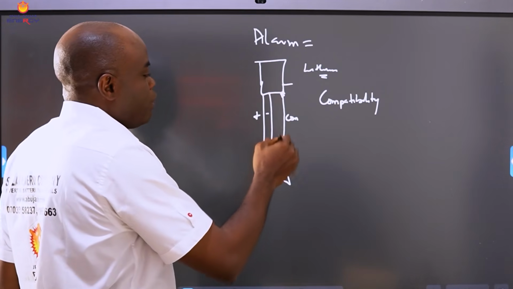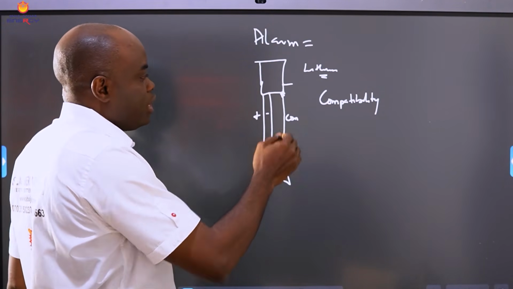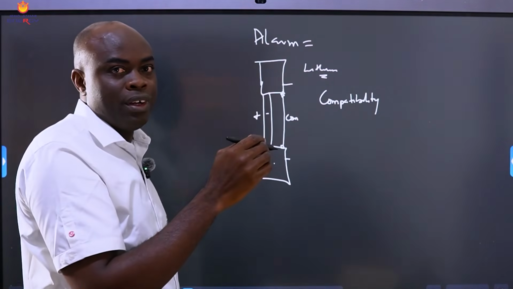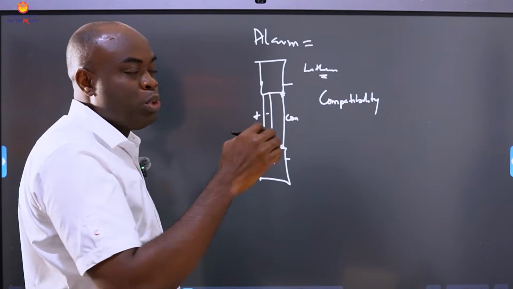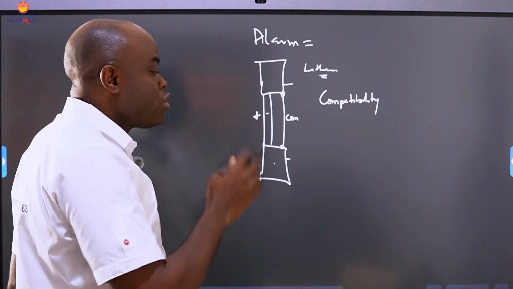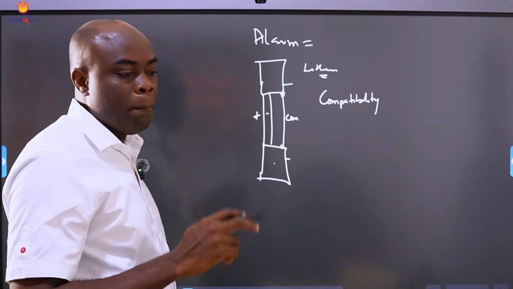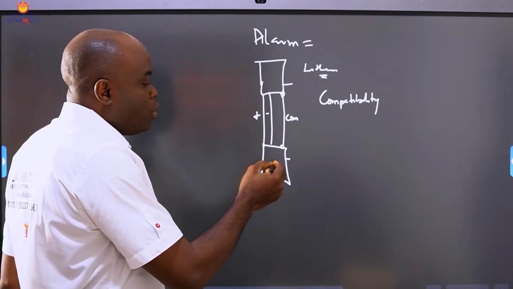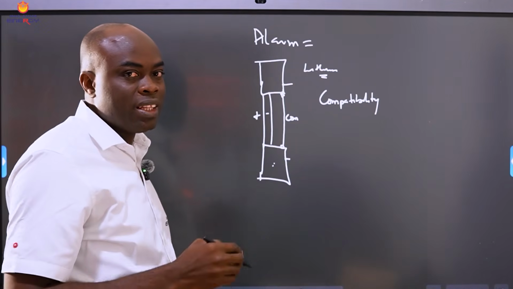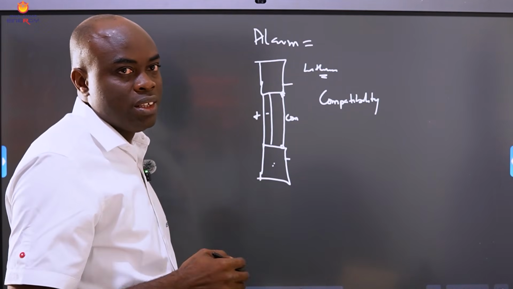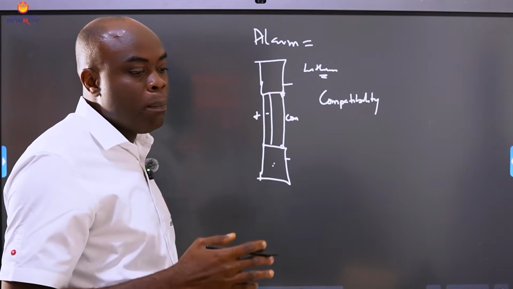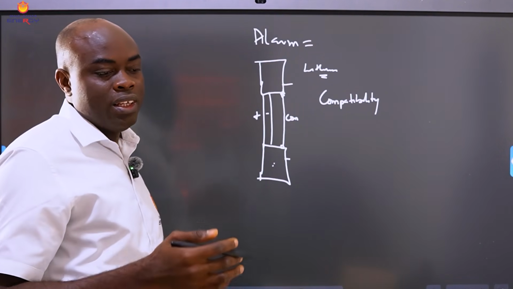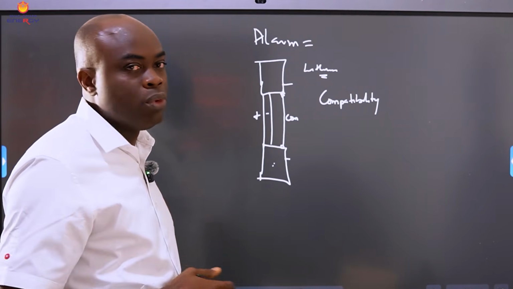So if I sell a battery that can't communicate with the brand that the customer has, it means I'm just taking a risk. Because one thing might happen: a battery that has 5 years warranty, because there is no communication between the battery and the inverter, after 2 years you will discover that the battery that lasted, for example, 5 hours every day, the backup hours drop on the same load.